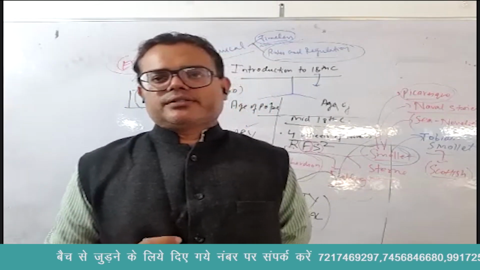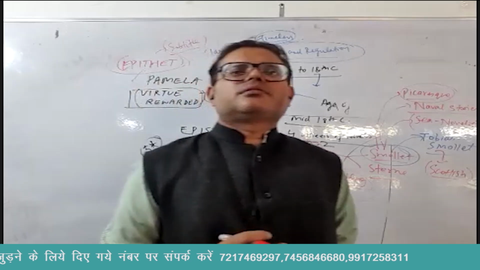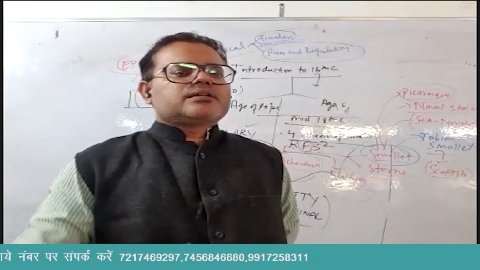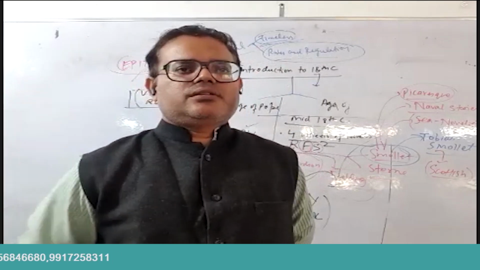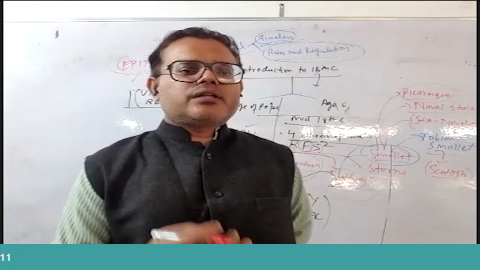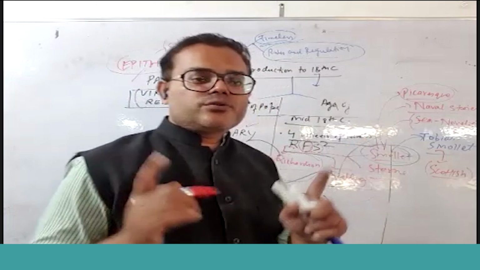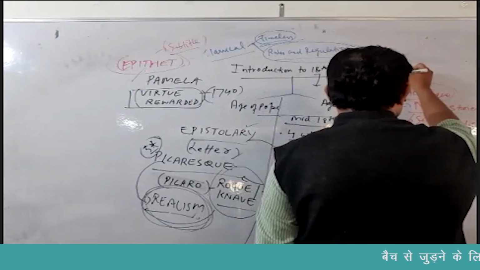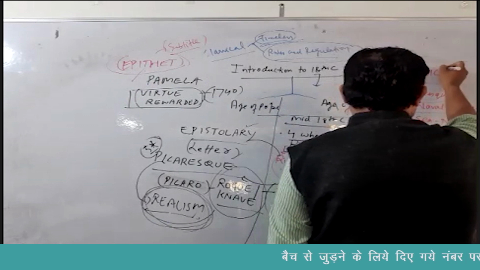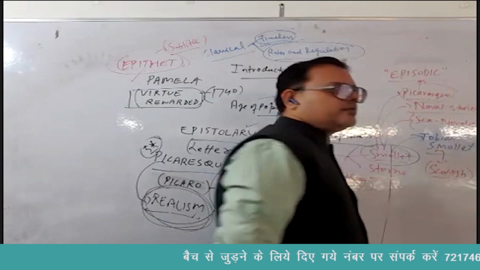What do you mean by episodic? Yes, very good. Episodic means the plot is loose. There is no continuation of the story because the focus is more on the hero, not on the story. So you can write that picaresque novels were mainly episodic in nature. Very important word, episodic.